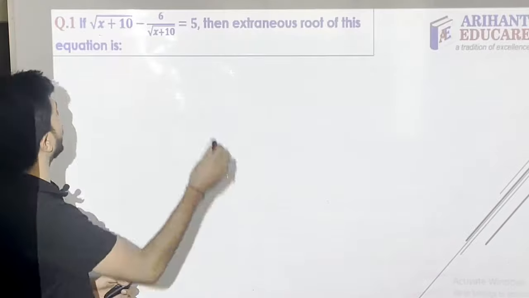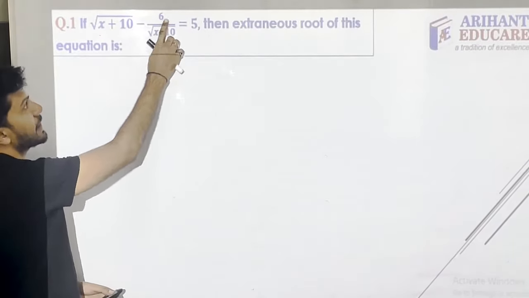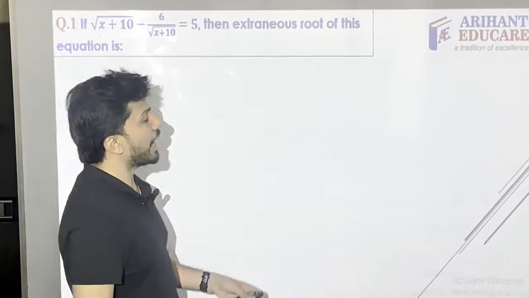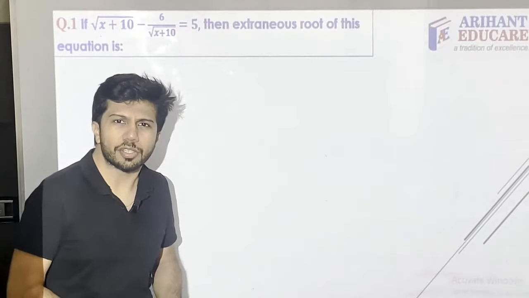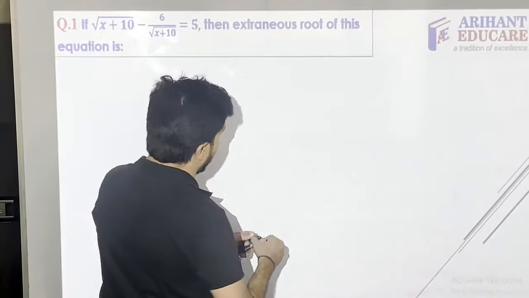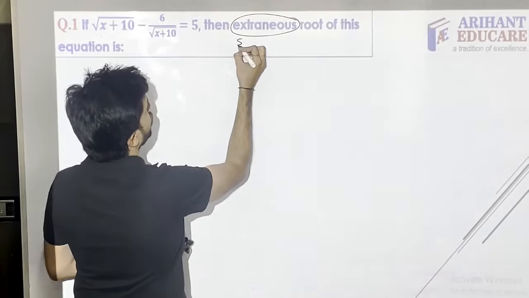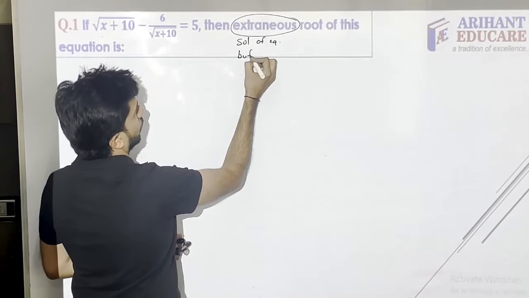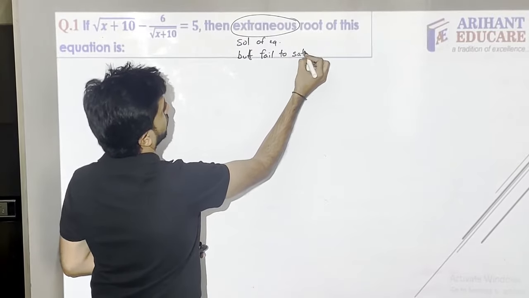What do we have in the first question? If root of x plus 10 minus 6 upon root of x plus 10 is 5, then extraneous roots are. Extraneous roots? What does extraneous mean? Extraneous roots means those roots which are solutions of the equation but fail to satisfy.